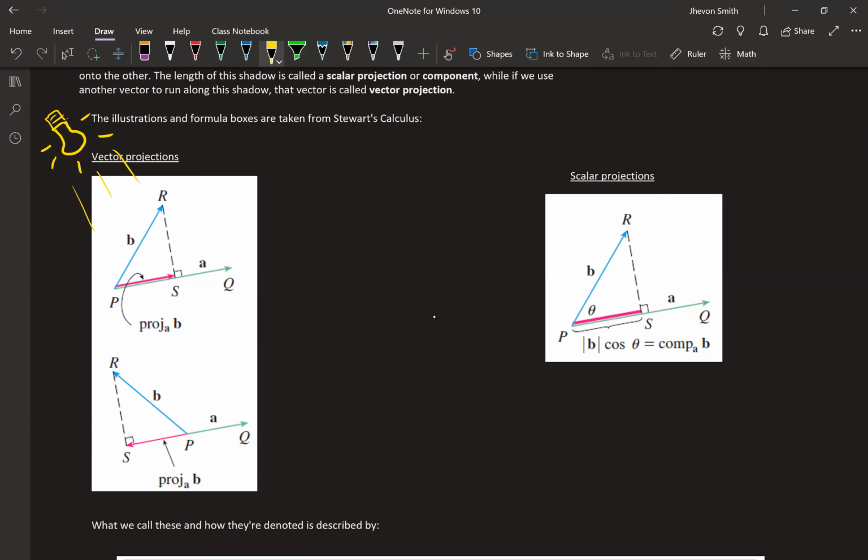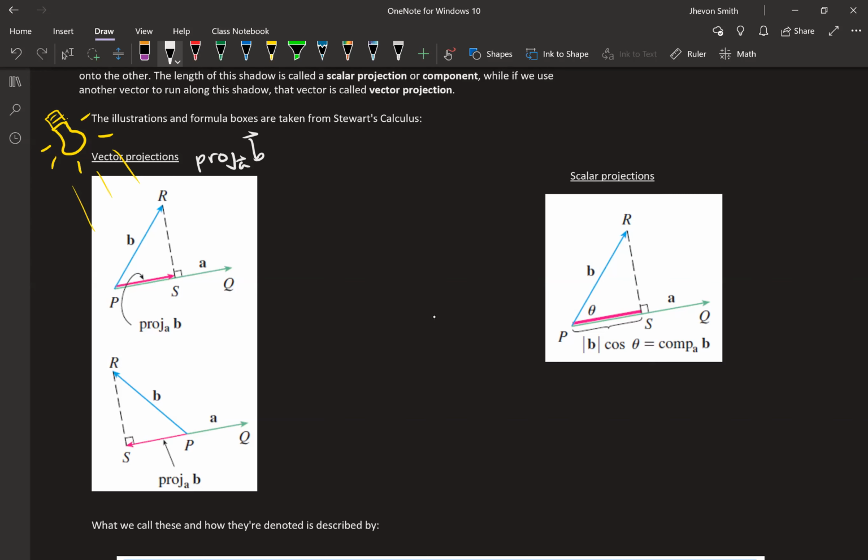Now, if I find the vector that runs along that shadow, so the vector is parallel to A, running along A, and it only runs for the length of that shadow, that vector is called the vector projection of B onto A, because I project the shadow of B onto the vector A. So that red vector here is called the vector projection, and the notation is PROJ. So that's the projection of B onto A.